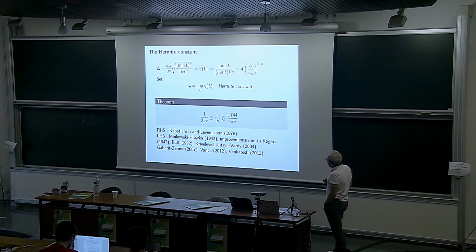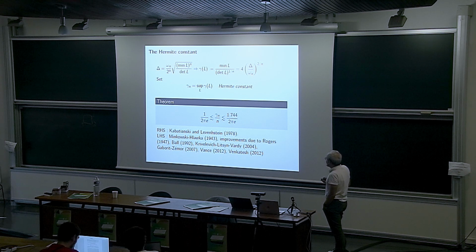And just to say a word about the state of the art regarding this question, the left-hand side actually is the Minkowski-Hlawka theorem, which is rather old, as you see.